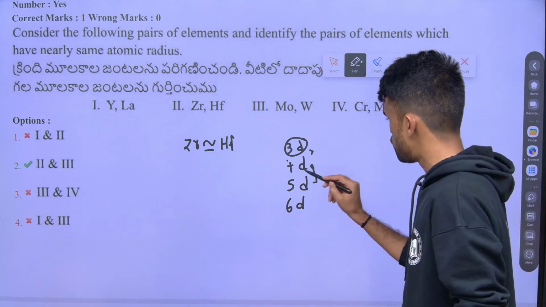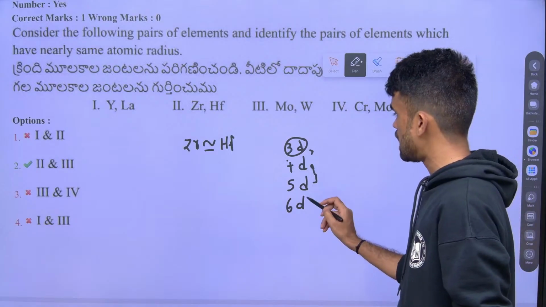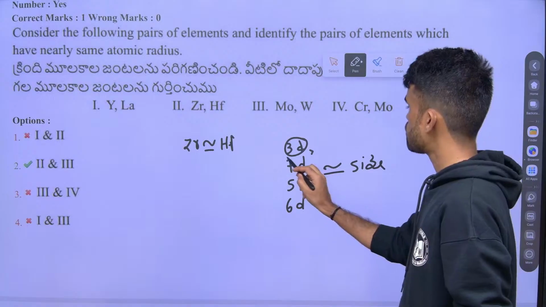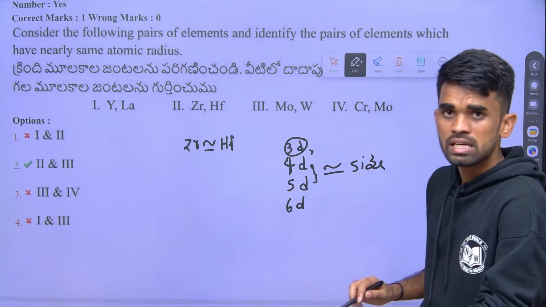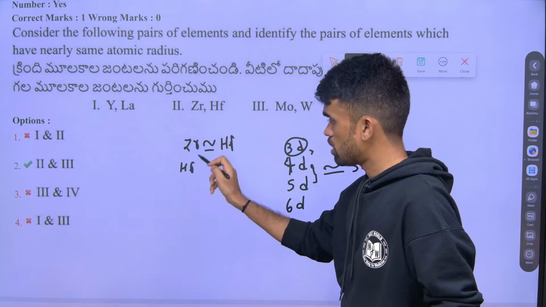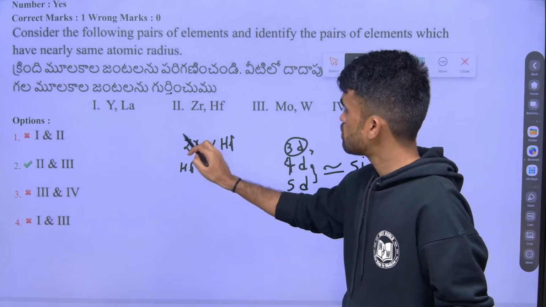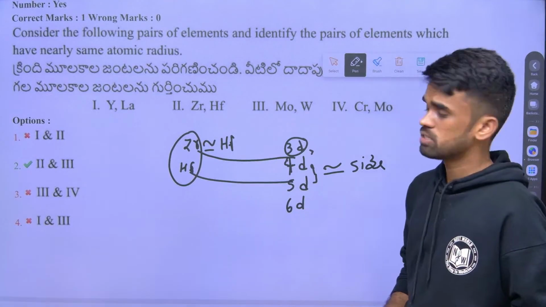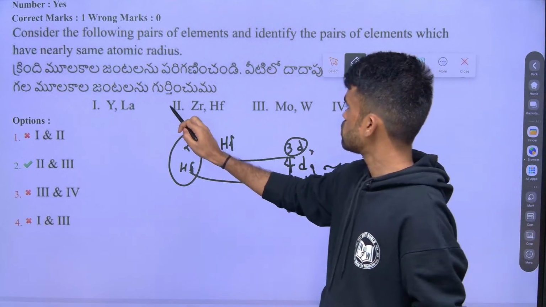But when it comes to 4d and 5d, due to lanthanide contraction, they will have similar size. So zirconium, and at the bottom of it hafnium, one is from the 4d series and another is from the 5d series. So they have similar size, and I can go with this.